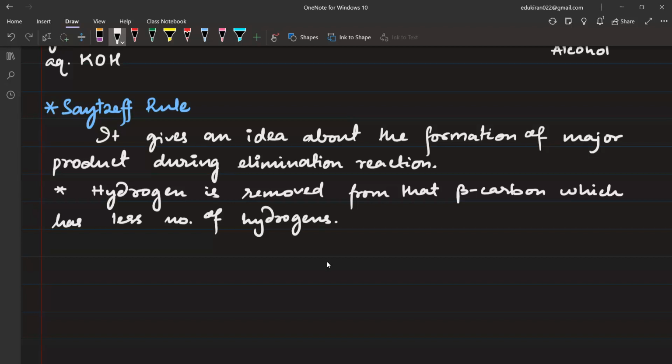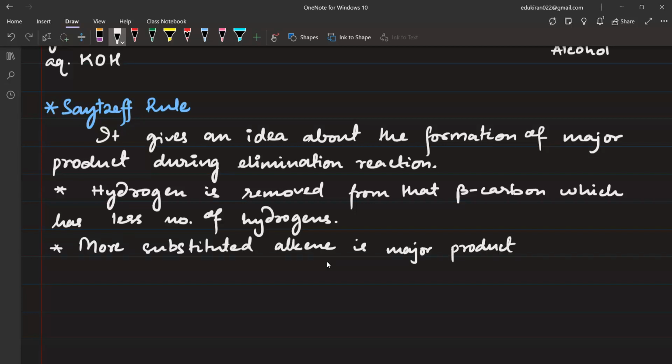Which has less number of hydrogens. Okay. Another way you can remember this is more substituted alkene. More substituted alkene is major product in beta elimination.